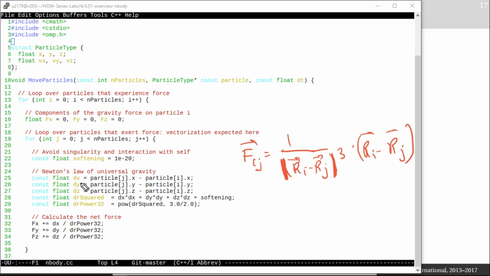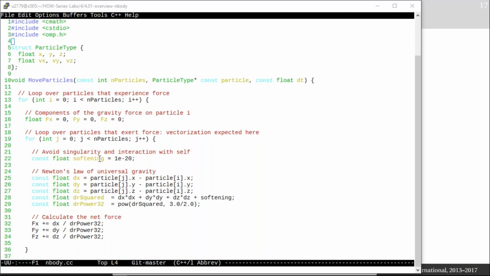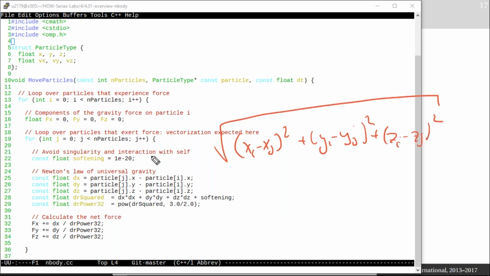And this is what I'm doing. Ri minus Rj, I have to compute it component by component. So I compute dx, dy, dz, and then I compute dr squared. So dr squared is xi minus xj squared plus yi minus yj squared plus the same for z, and the square root of that is Ri minus Rj to the first power.